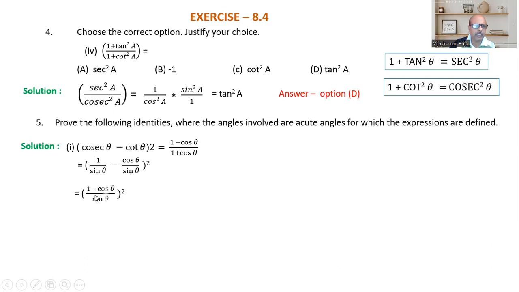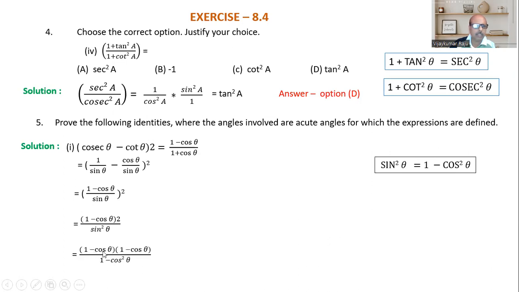Denominator being the same, write it as it is. So 1 minus cos upon sine, whole square. So it should be 1 minus cos whole square upon sine square theta. This bracket is raised to 2, so write it 2 times. And sine square is equal to 1 minus cos square. So it is 1 minus cos theta, 1 minus cos theta, upon 1 minus cos square theta. 1 minus cos square theta can be written as a square minus b square.